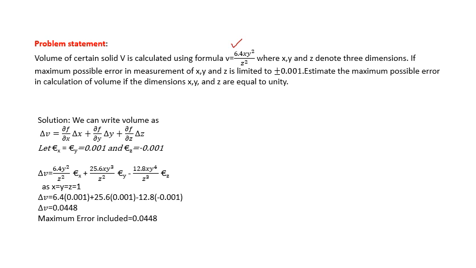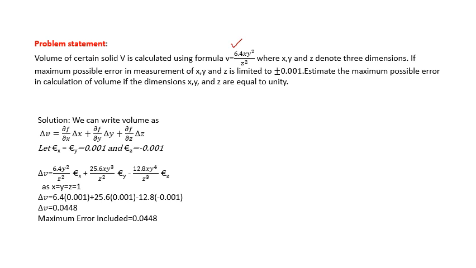So take a partial derivative of V. Delta V is equal to the partial derivative of V with respect to x into delta x, plus the partial derivative of V with respect to y into delta y, plus the partial derivative of V with respect to z into delta z. Now epsilon x, epsilon y and epsilon z, all these three are given, it is 0.001.